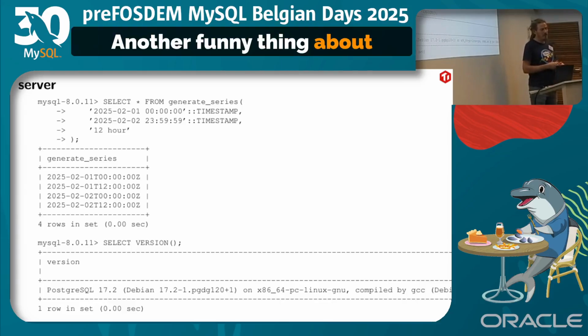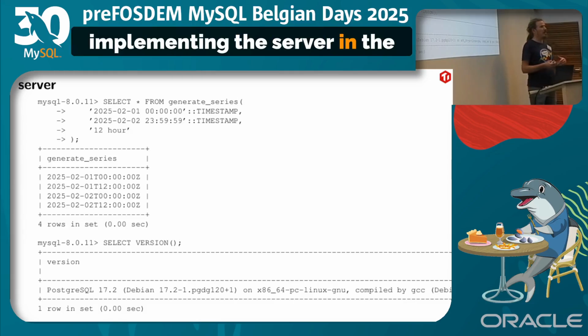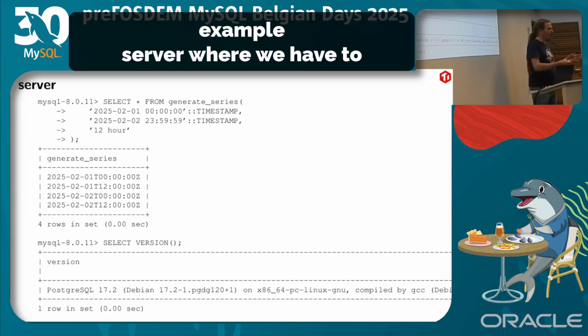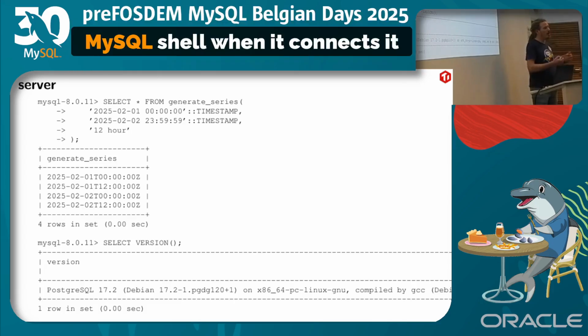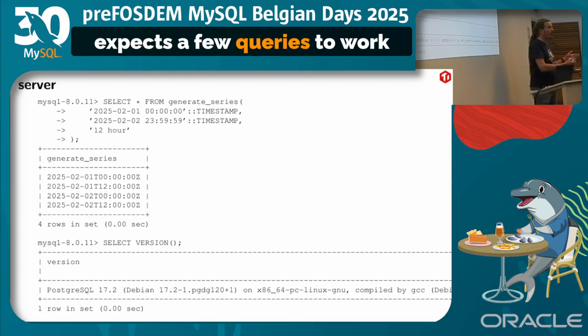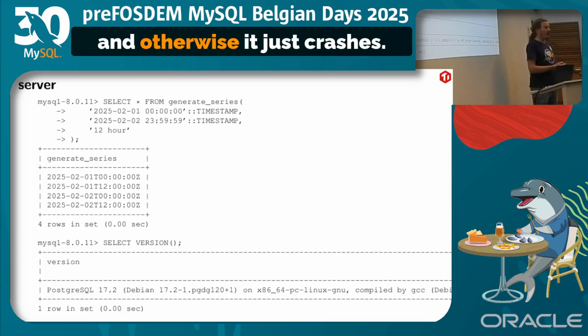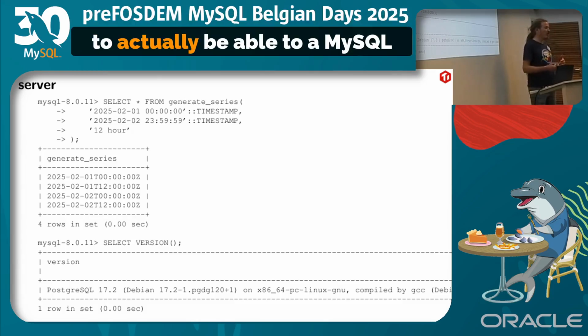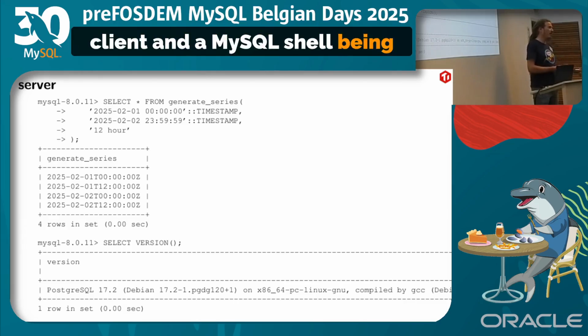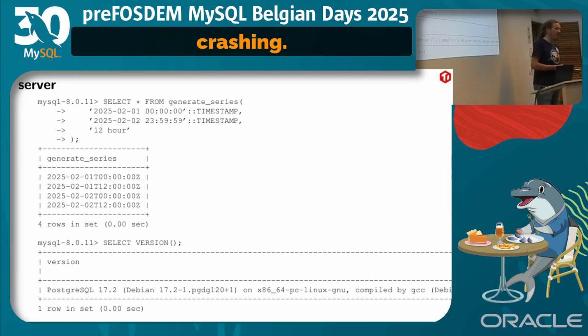Another funny thing about implementing the server, in the code base, we also have a small example server where we have to implement a few queries because MySQL shell, when it connects, it expects a few queries to work, and otherwise it just crashes. So we implement the very minimum to actually be able to have a MySQL client and a MySQL shell able to connect without crashing.